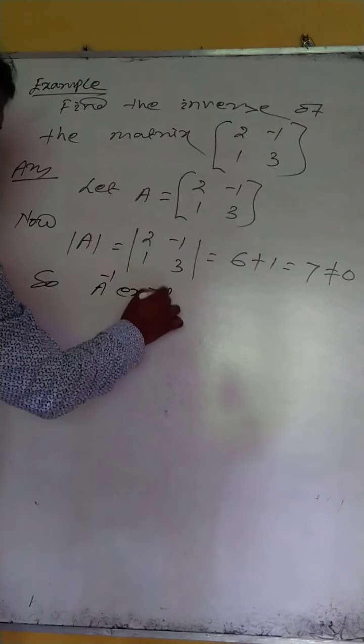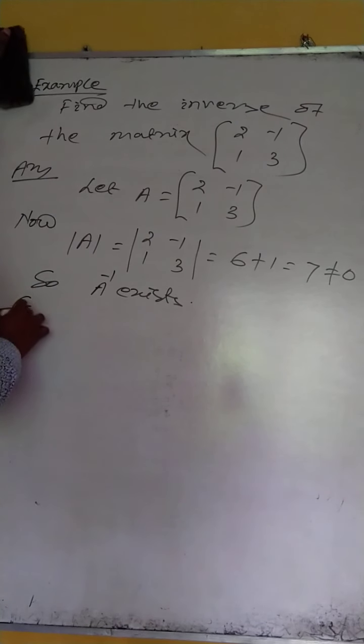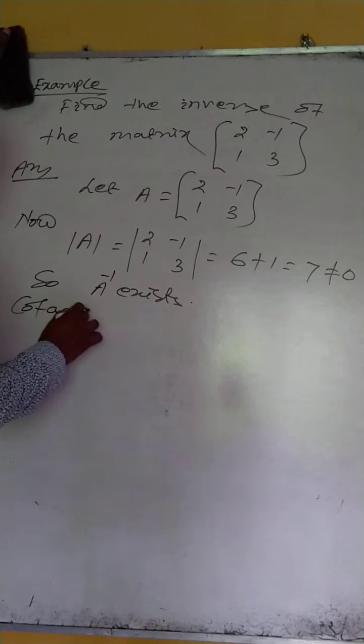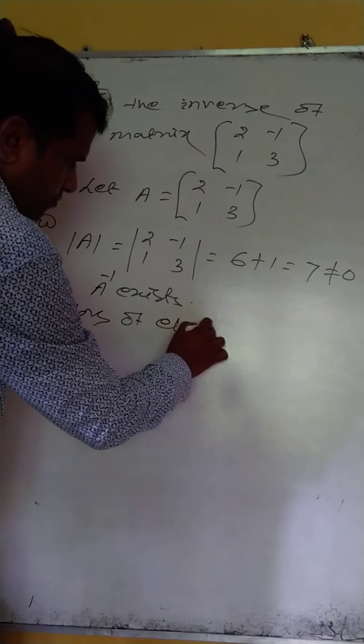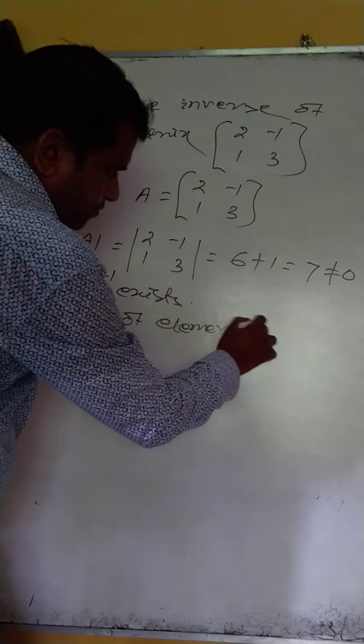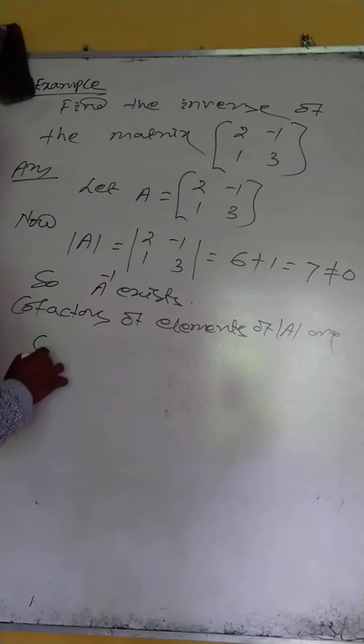Now we find the cofactors of the corresponding elements of determinant A. The cofactors of elements of determinant A are: C11.